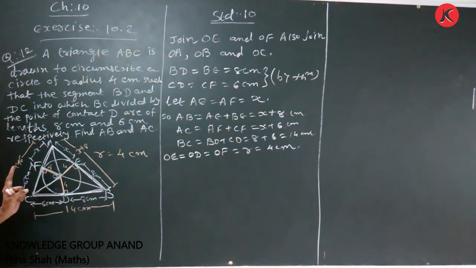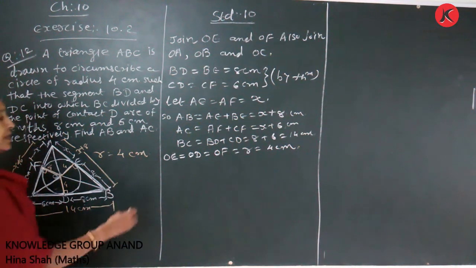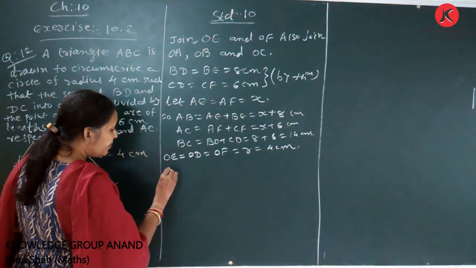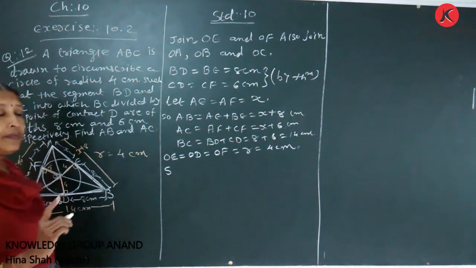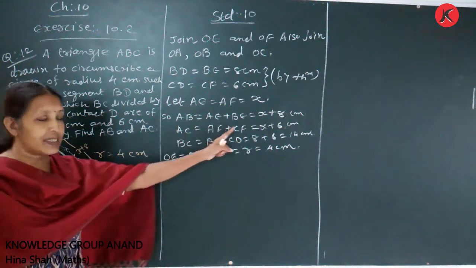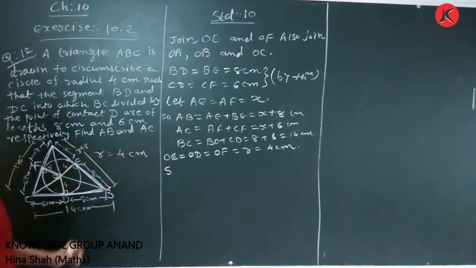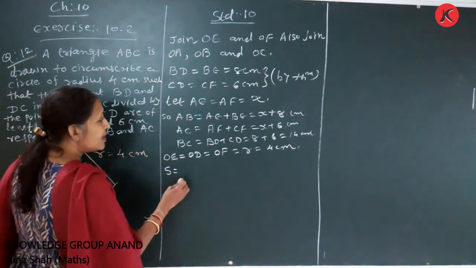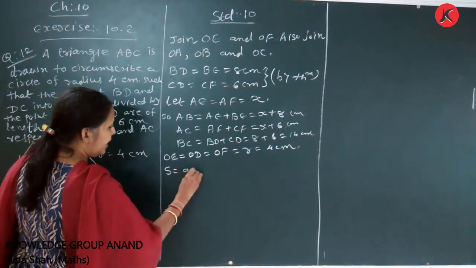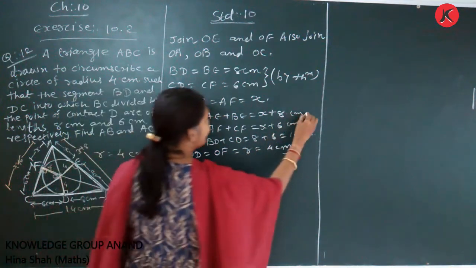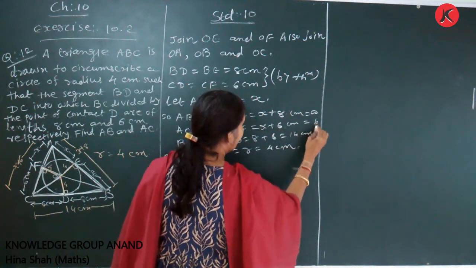Now start. Area of triangle ABC. First we find s. Here we have given 3 sides, therefore we find s, the semi-perimeter, which is equal to a plus b plus c divided by 2.